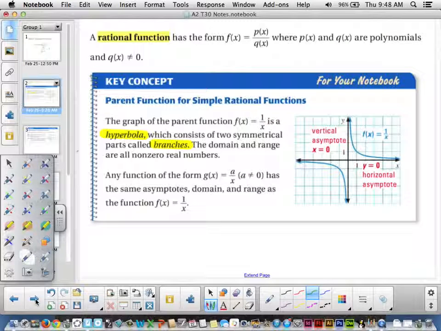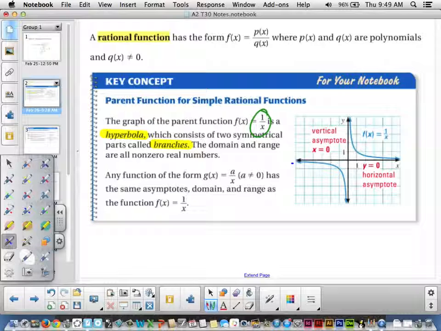All right, we need to remember that all functions have a parent function that they look like, and we do different shifts to. The parent function for the rational function is 1 over x. The graph of 1 over x hugs the y-axis from the left on the negative side, and then it decreases, curves, and hugs the x-axis from the negative side, goes down and hugs the y-axis.